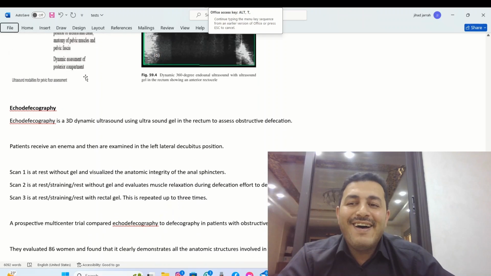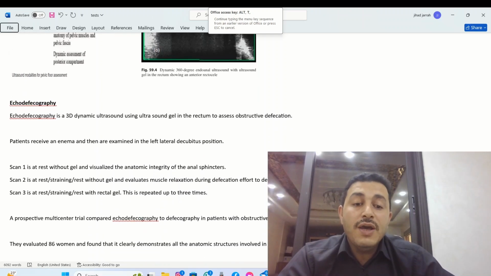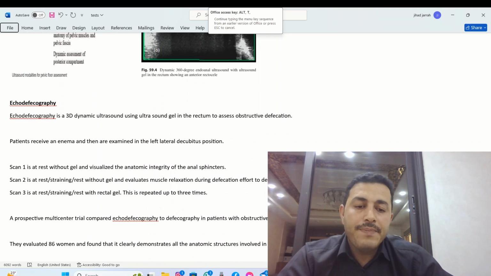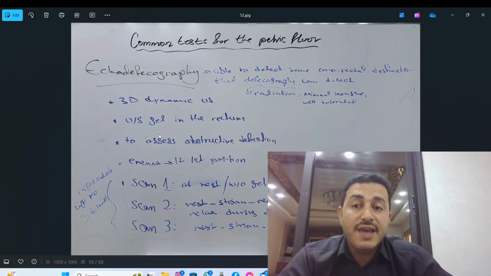In echo defecography, we insert a gel in the rectum, we ask the patient to defecate and we assess any problem of obstructed defecation. It's a 3D dynamic ultrasound with ultrasound gel in the rectum.